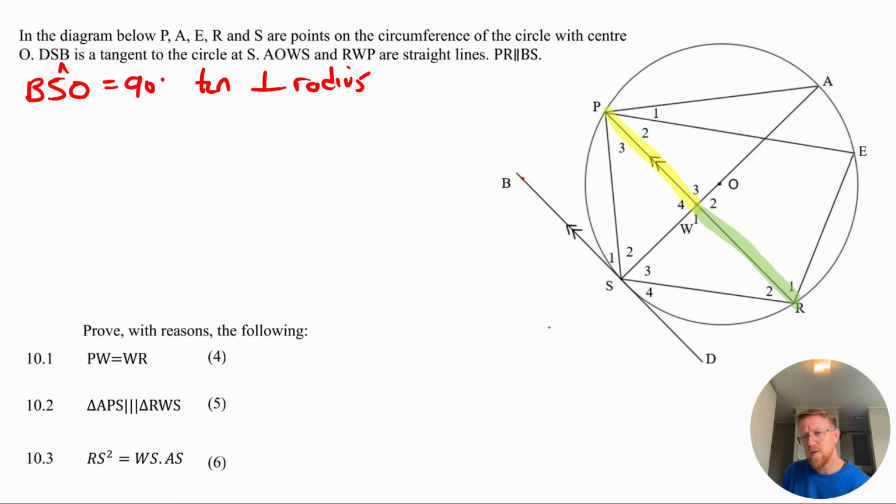Now, because these lines are parallel, the co-interior angles must add up to 180. So we can then say that angle BSO plus angle W4 will be equal to 180 because they are co-interior angles, because the line, what did they call it?